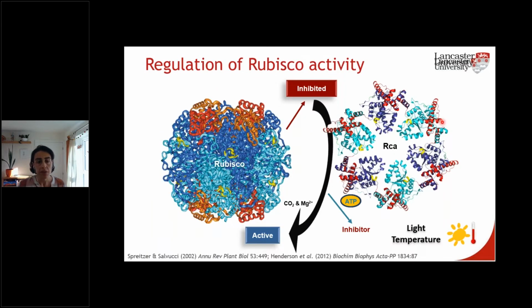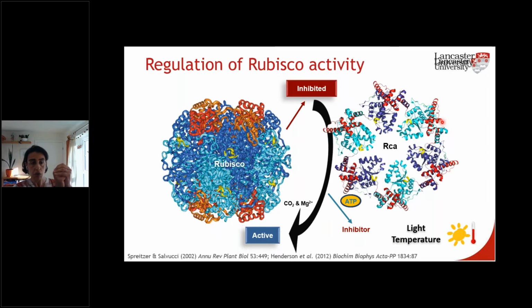Now, when we think about Rubisco regulation, Rubisco has this propensity to become inhibited. So what happens is that sugar phosphate derivatives bind to the catalytic site, and this locks the catalytic site in a non-productive conformation. At this stage, the sugar phosphate derivatives that act as inhibitors are not able to release themselves from the catalytic site.